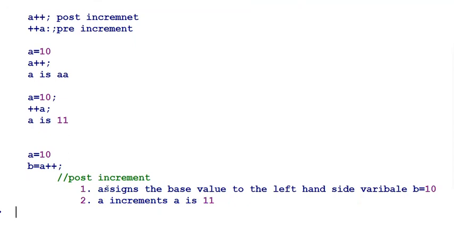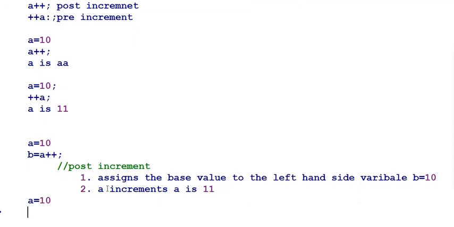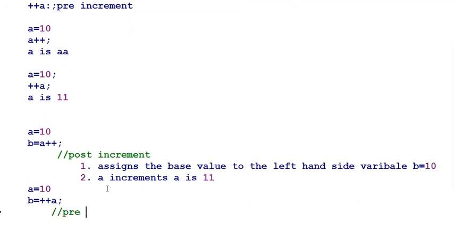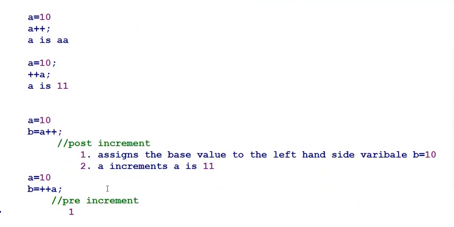Now the same thing is applicable for pre-increment. A is equal to 10, b is equal to ++a. Now which increment takes place? Pre-increment. In the pre-increment, the first duty is that a increments by 1 and becomes 11.